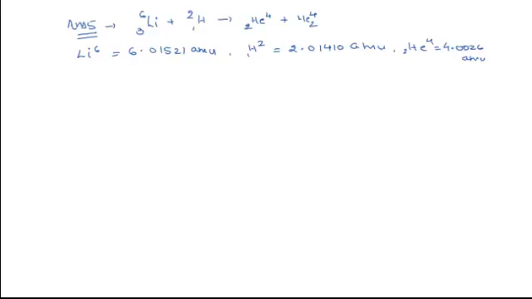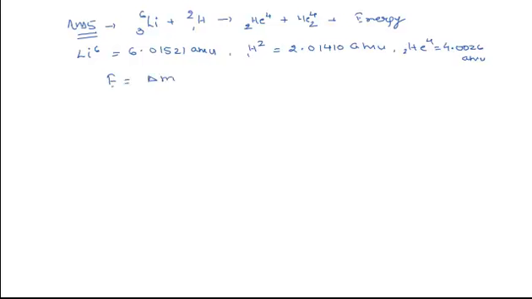Now if I want to find out the energy, my question is that when there is 100% efficiency, it means what? When all the energy produced in this reaction is converted into the potential energy, how much energy is produced? First let's find out how much energy is produced.